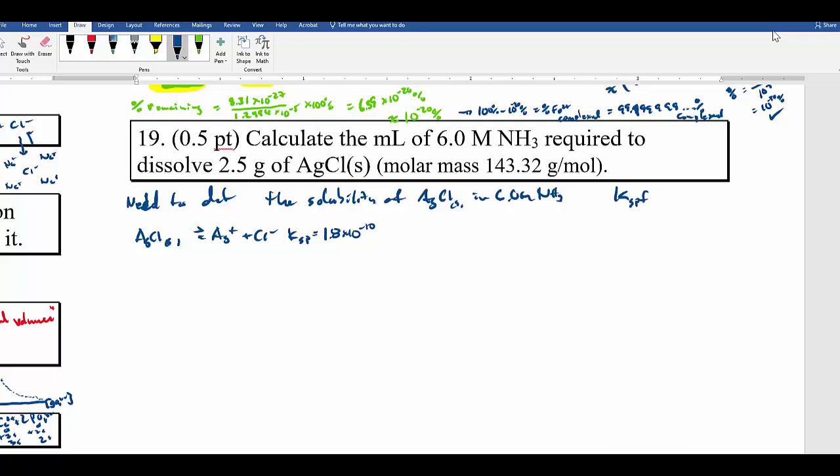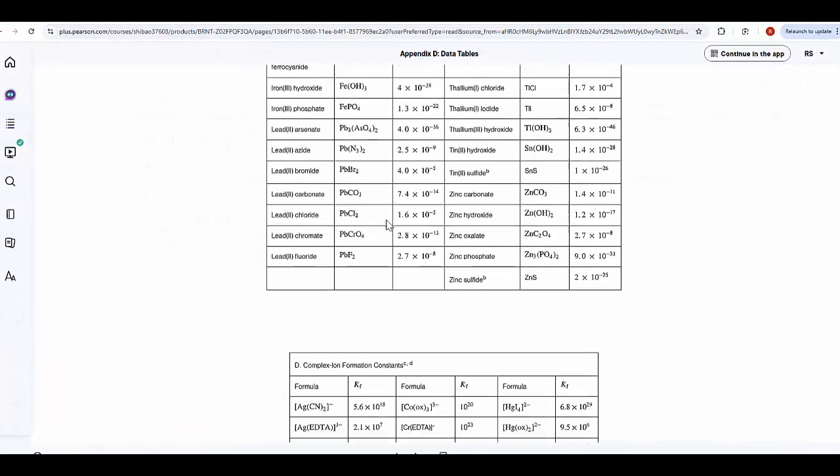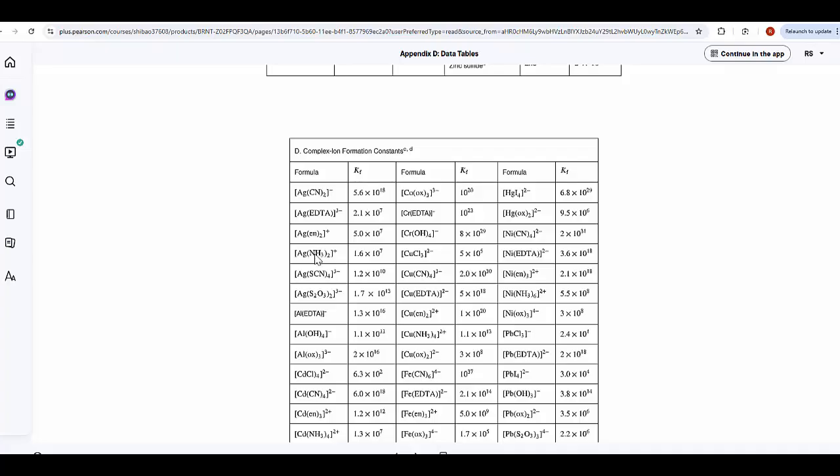And then what we're going to do is we're going to combine that with the KF. So for ammonia and silver, how many ammonias attach? So you might know this already. It's 2. But if not, we just look it up here. It's 2 ammonias. It's the diamine. 1.6 times 10 to the 7.